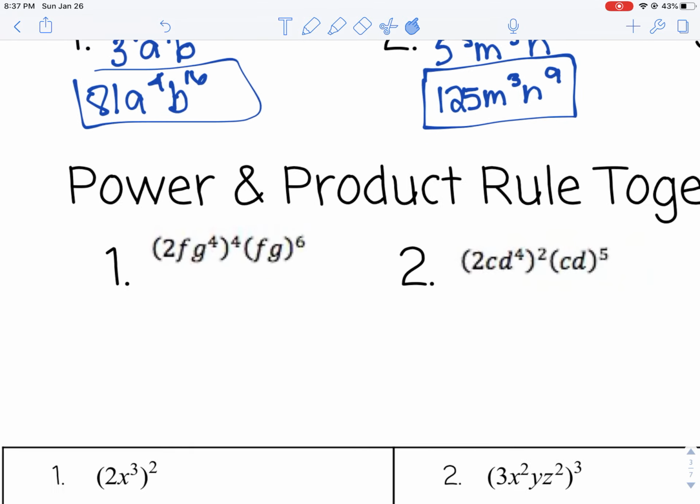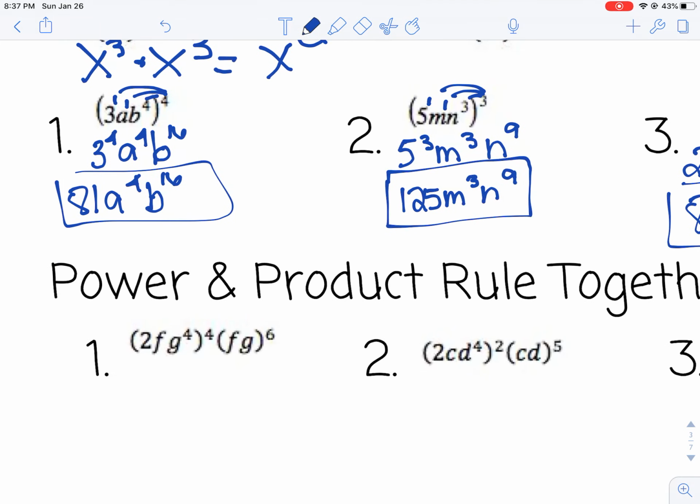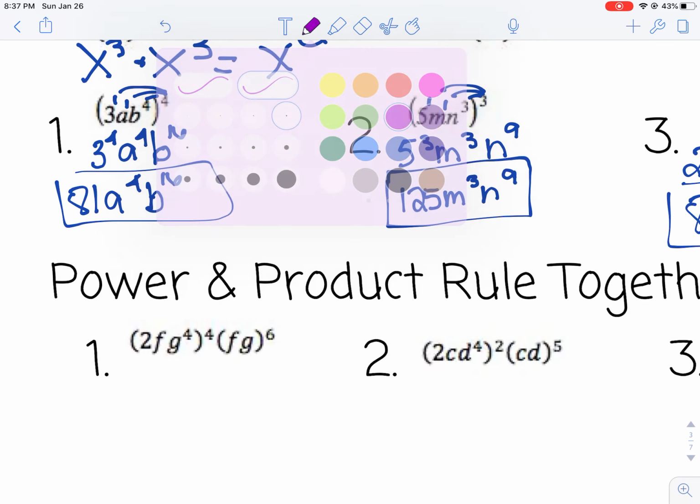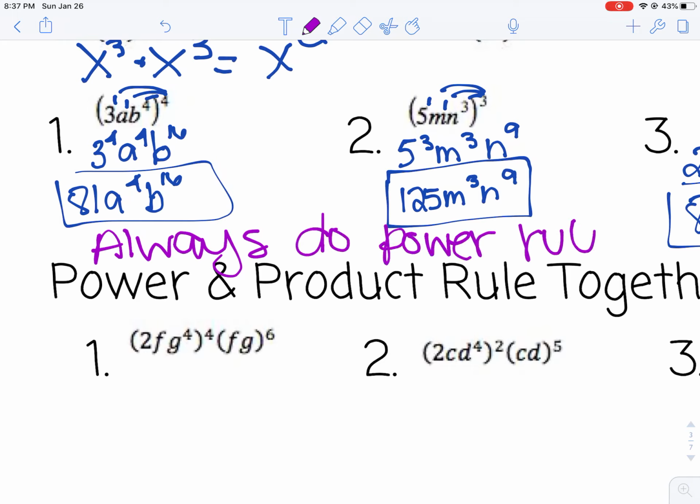So anytime you have power rule, you need to make sure that you do that first. So I would make a little note somewhere. So you're always going to do that power rule first, okay?